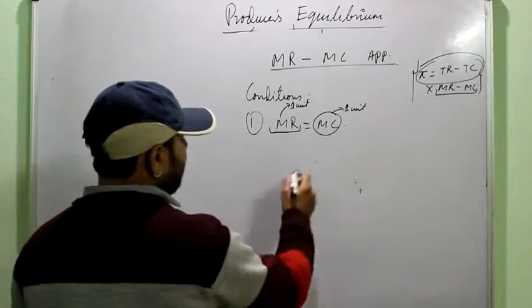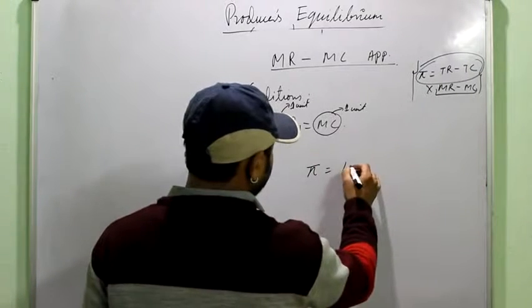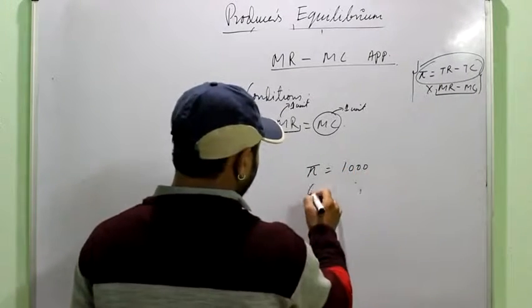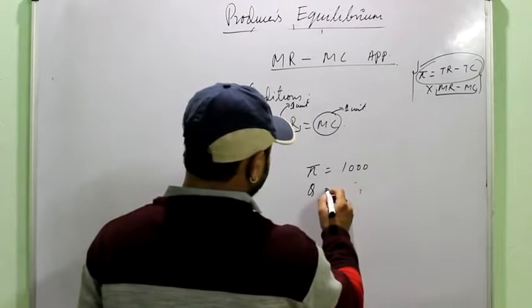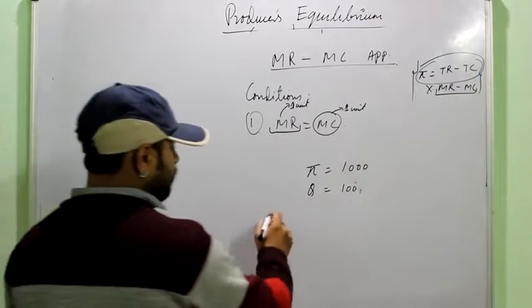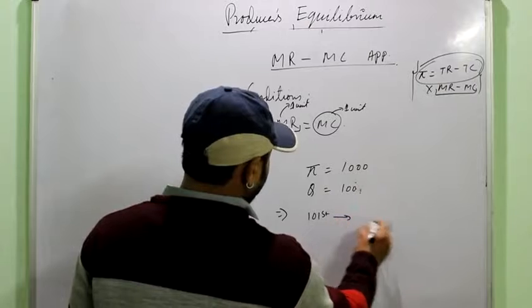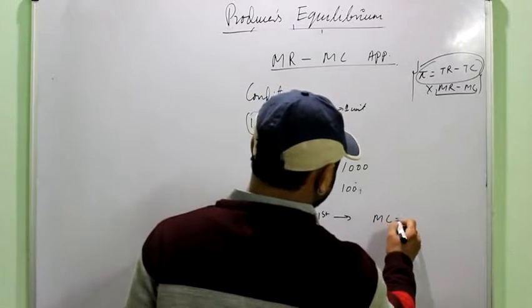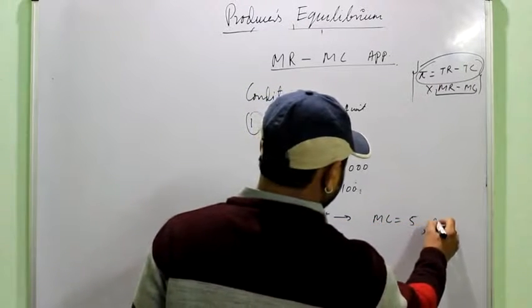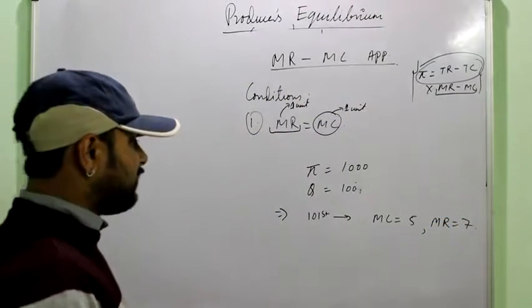Later we will talk about the explanation of these. Suppose the profit of a producer was say 1000 when he was producing 100 units, right? He wants to produce the 101st unit, for which the marginal cost which he has to incur is 5 and the marginal revenue which he will be able to earn is 7.